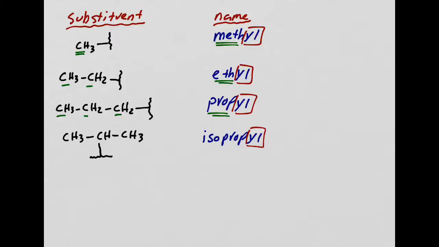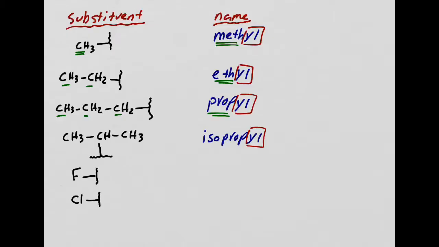All right, now you can also have a halogen as a substituent. So I could have a fluorine coming out. I could have a Cl, a chlorine coming out.